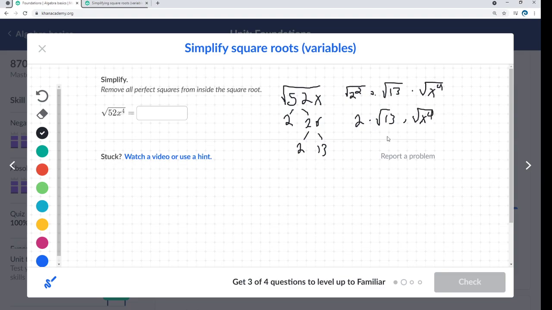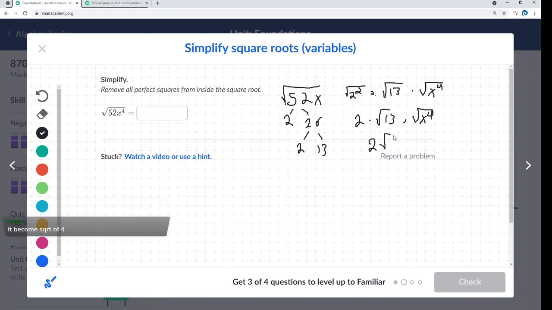There's something I'm supposed to do with this x to the 4th, and I don't remember. But there's no way for me to simplify that, right? 2 times square root of 13 times the square root of the square of x. So doesn't this just end up becoming this?